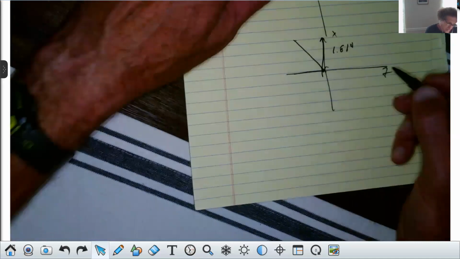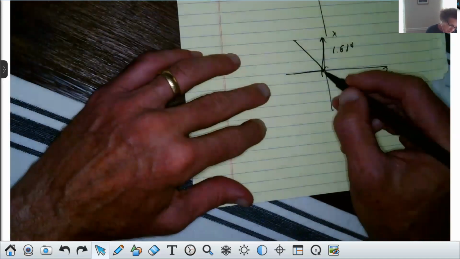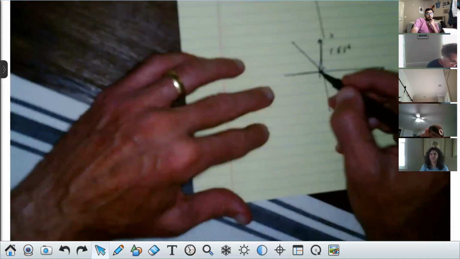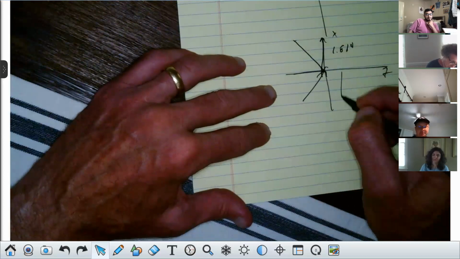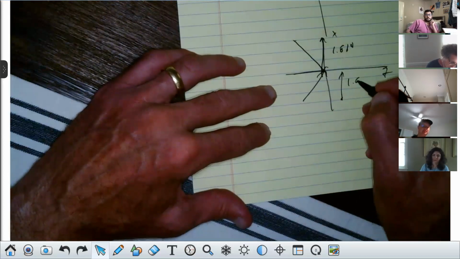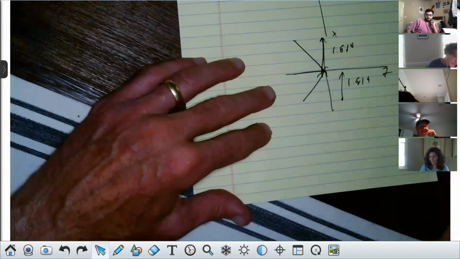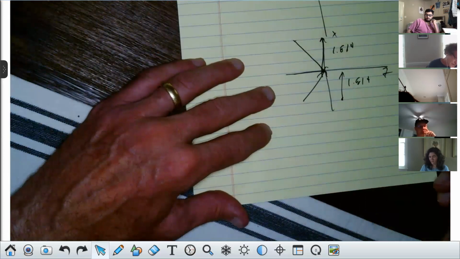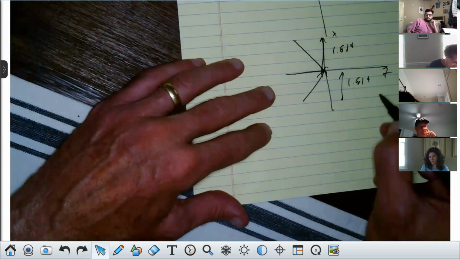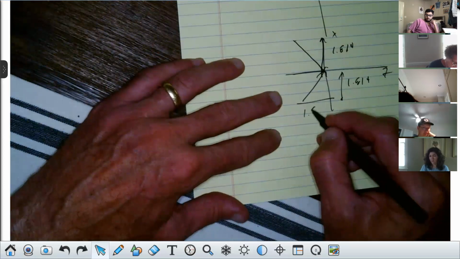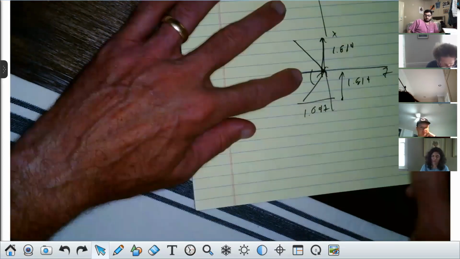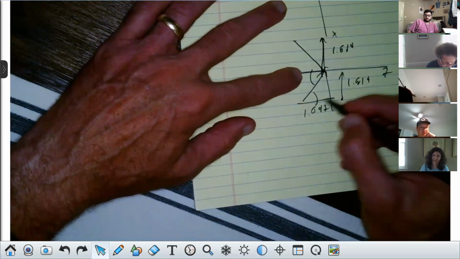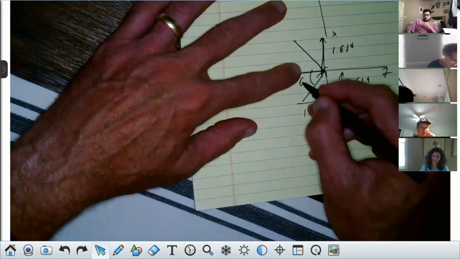I got this wrong. It's actually going to be the opposite way. The X has a dimension of 1.814 this way, and Z is 1.047 this way, which means this angle, if I want that angle, what I'm actually getting is this angle right here.